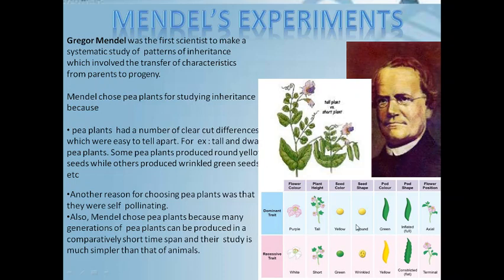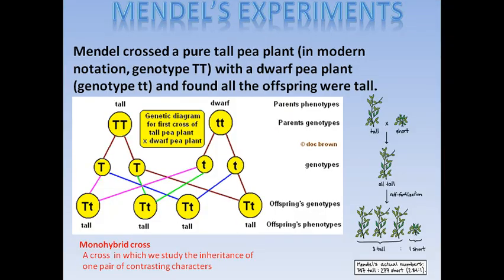Another reason for choosing the pea plant was that it is self-pollinating. Another advantage is that many generations of pea plants can be produced in a comparatively short time span, and the study is much simpler than that of animals. So he chose the pea plant.